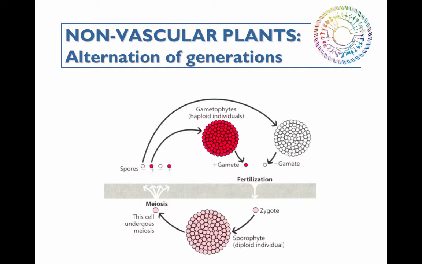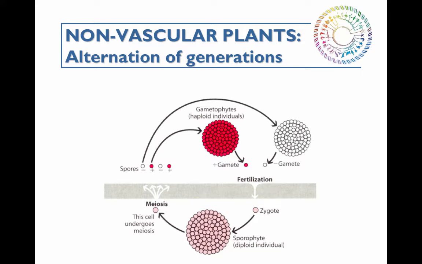And here on the right-hand side, we have fertilization, which involves the fusion of the gametes to form the zygote. And of course, that fertilization event necessarily results in a doubling of the chromosome number. So within the life cycle, there is alternating doubling and halving of the chromosome number.